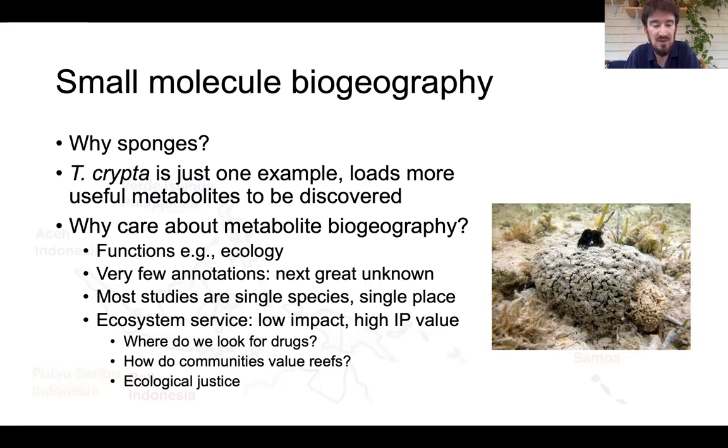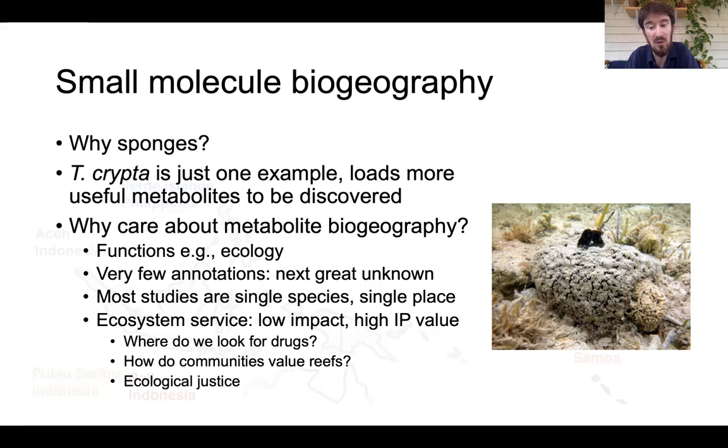So once metabolites are identified, they can be synthesized in the lab. So they actually tend to have relatively low impact on ecosystems. It's not that we go out and harvest every single Tectitethya crypta and extract this molecule out. So they can be relatively low impact, but they have very high value to society and very high value from an intellectual property perspective. And so for thinking about where we find these ecosystem services distributed, we want to know, where do we look for new drugs?